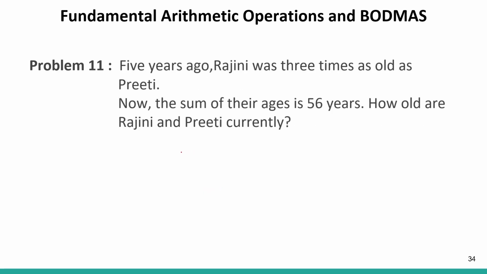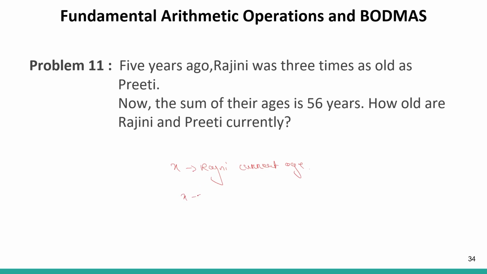Okay. So what it asks us is: 5 years ago, Rajani was 3 times as old as Preeti. So let's say Rajani's current age is X. So Rajani was 3 times as old as Preeti 5 years ago.